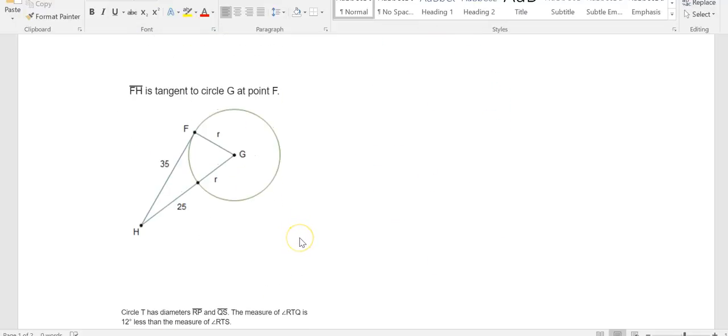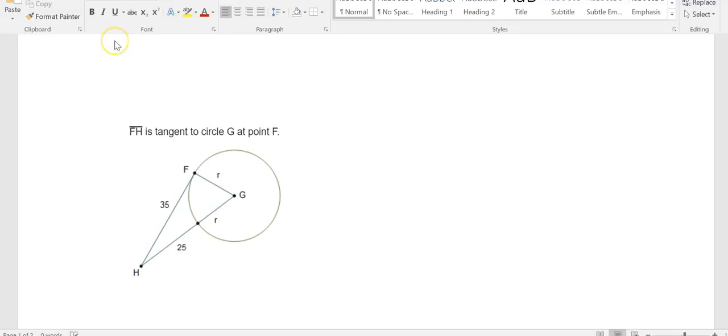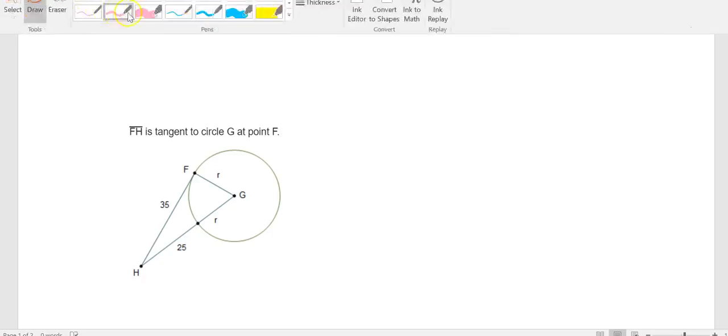Okay, my next question: I have a circle and it says that FH is tangent to the circle. The reason that's important is that since it is tangent, the tangent and the radius form a right triangle.